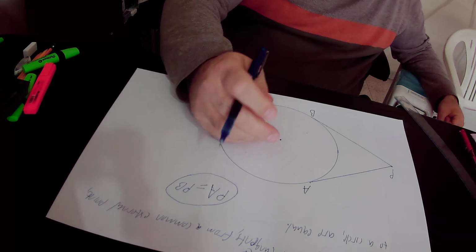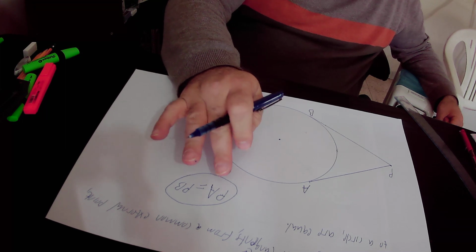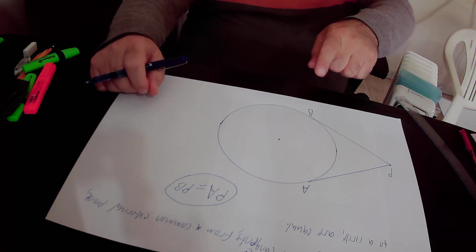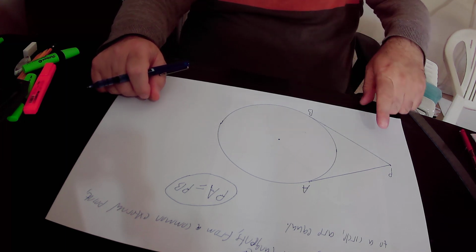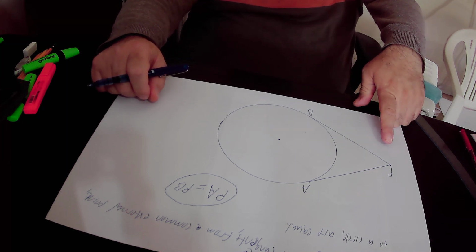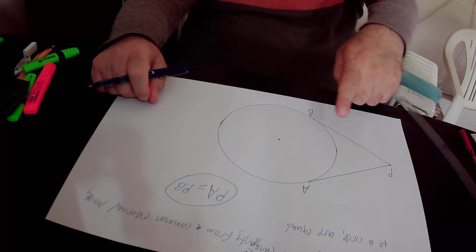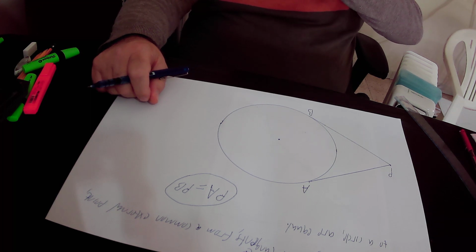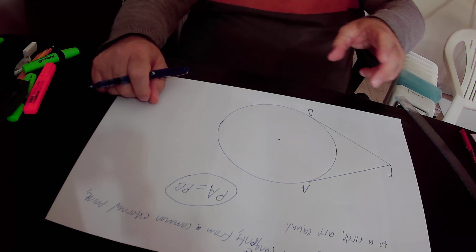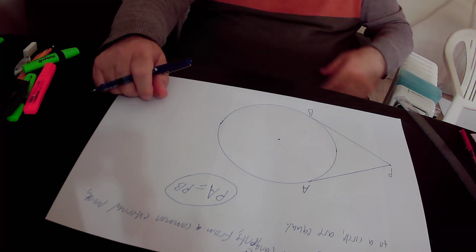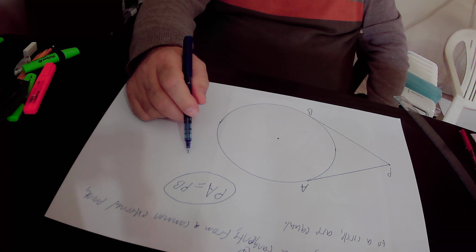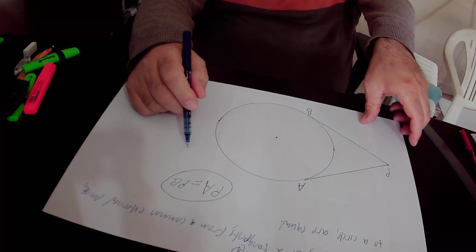So according to rule number 1, whenever you draw two tangents to a circle from a common external point, like in this drawing, we draw two tangents from a common external point P to this circle, then the length of those two tangents will be equal to each other. That is to say, PA will be equal to PB. Okay?